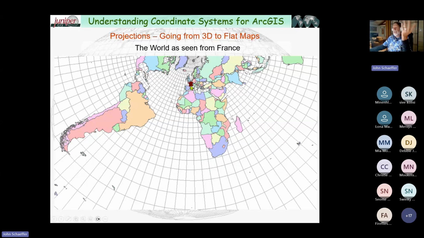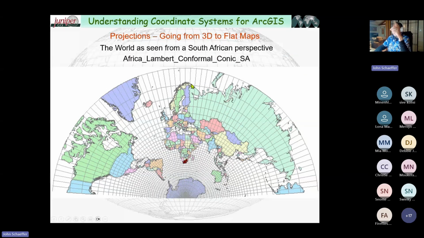As seen from France, I'm not sure why I picked France, but this shows how each one of these is designed to make France look normal. I'm not quite sure what normal is all the time. Everything else is going to be distorted. And Africa, Lambert conformal conic, South Africa. I got this coordinate system from Mervyn when he gave me some data for a presentation.